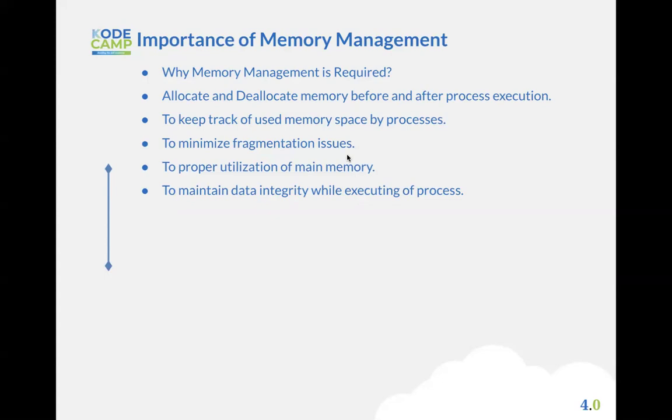Next up, we have keeping track of the memory space used by processes. Under memory management, the system keeps track of the memory space being used by processes, that is, how much is available to handle more processes, and whether the process it is loading can fit into the particular memory space that it wants to load it into.